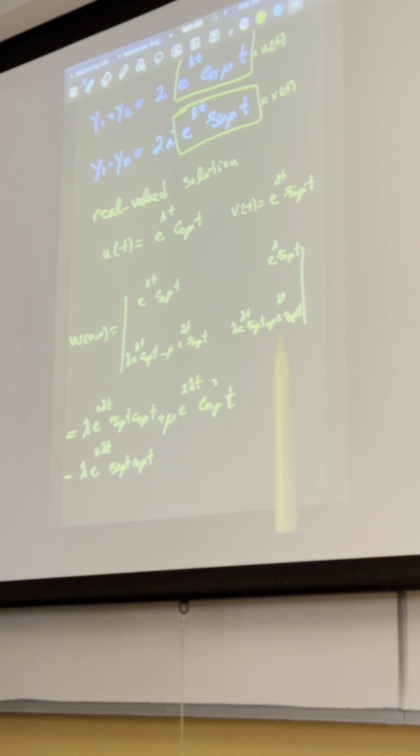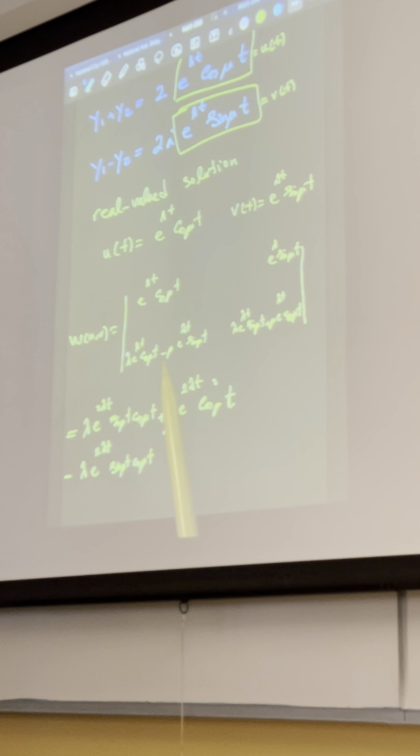did I make a mistake here? I think there should be a minus here, right? Because the derivative of cosine is sine with a negative.